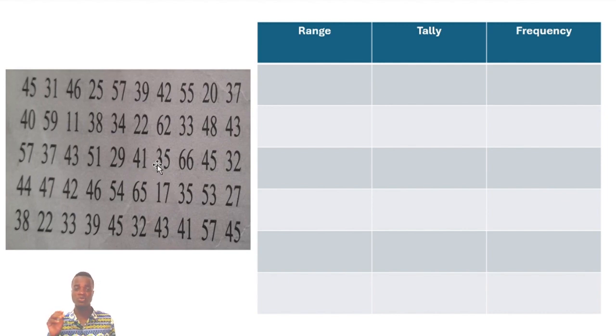What we are going to do now is use this large data, group them, and put them in a table. We mentioned in the previous video that sometimes it's possible to change data types from one form to another. So in this case, we are going to focus on transforming data type. That's what stem and leaf plots are used for: to help you transform data from data type 1 to maybe either data type 2 or 3.